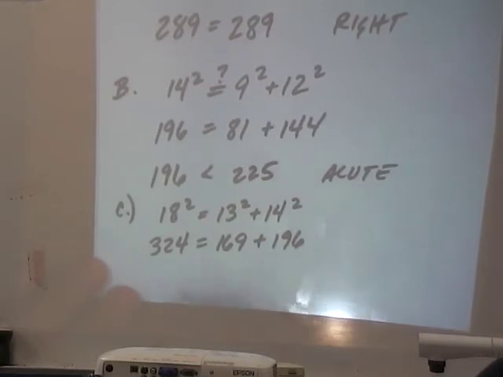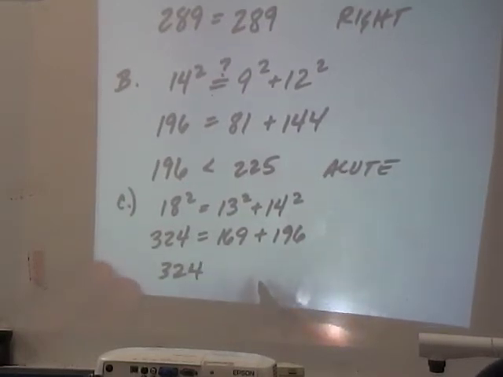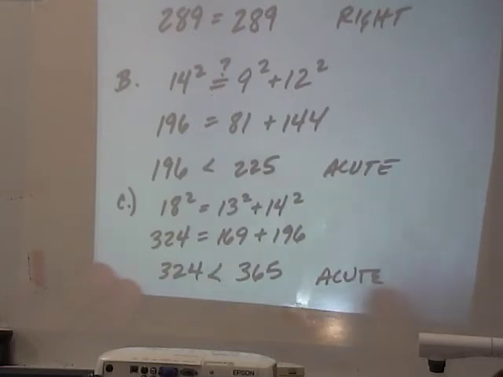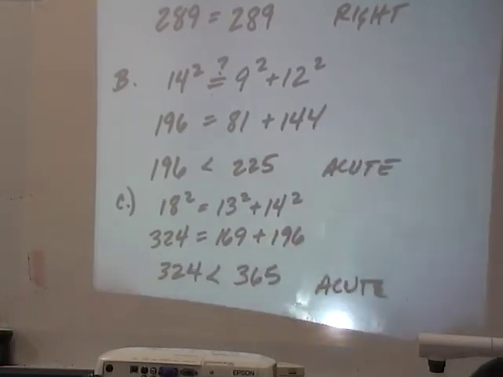So 324 is less than 365 again. Acute. Okay, so far none of them are obtuse, so it's gotta be D, I'm thinking, huh?